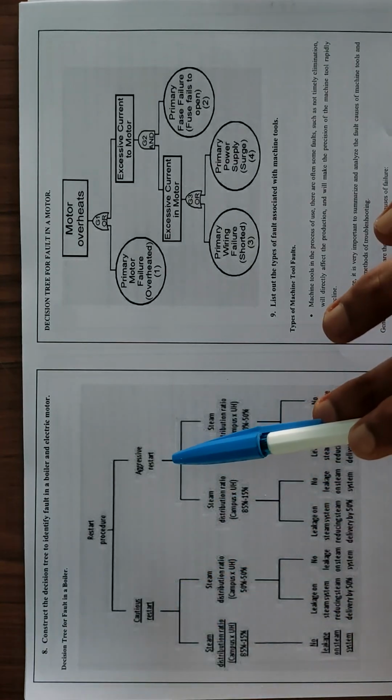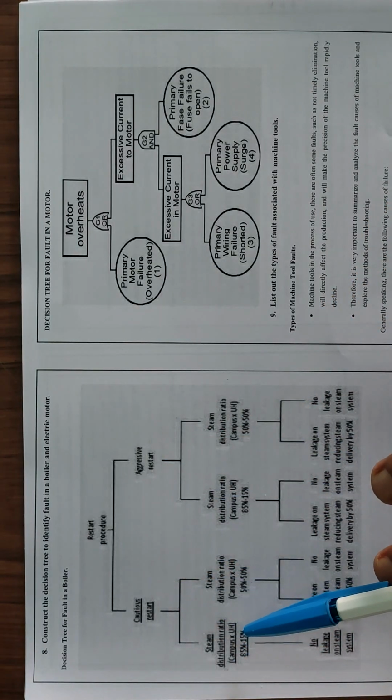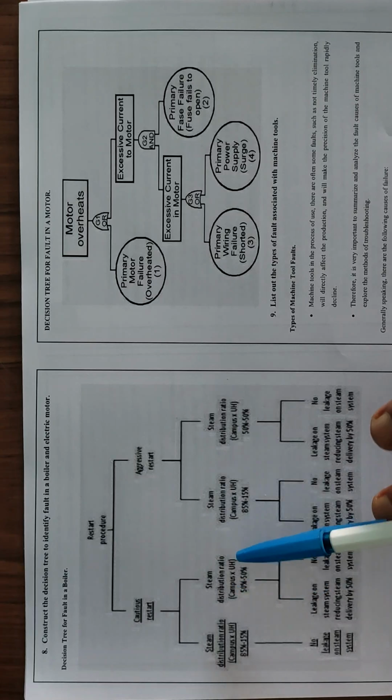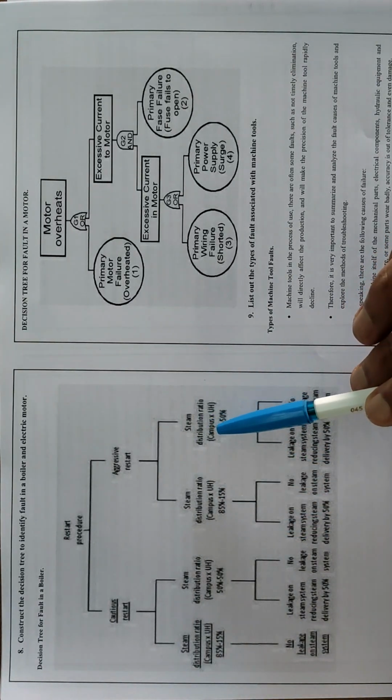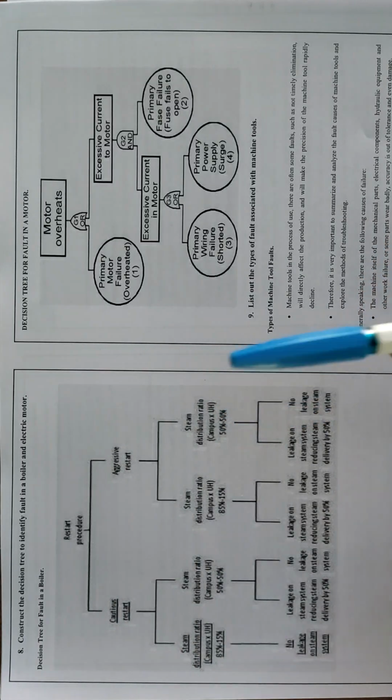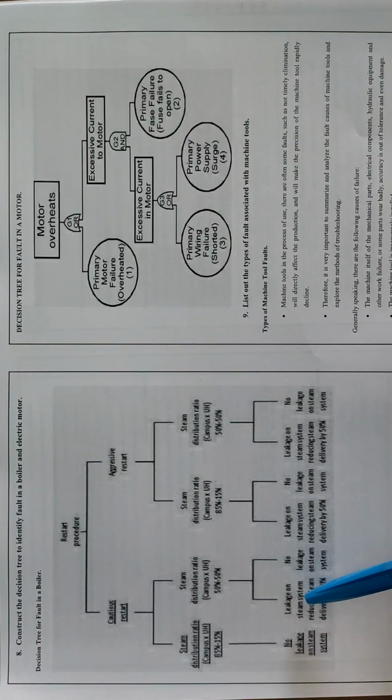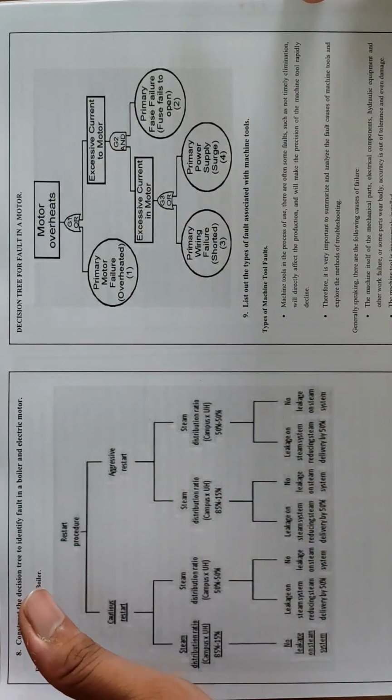Restart procedure: cautious restart, aggressive restart, steam distribution ratio 85% to 15%, steam distribution ratio 50% to 50%, no leakage on steam system, leakage on steam system reducing steam delivery by 50%.